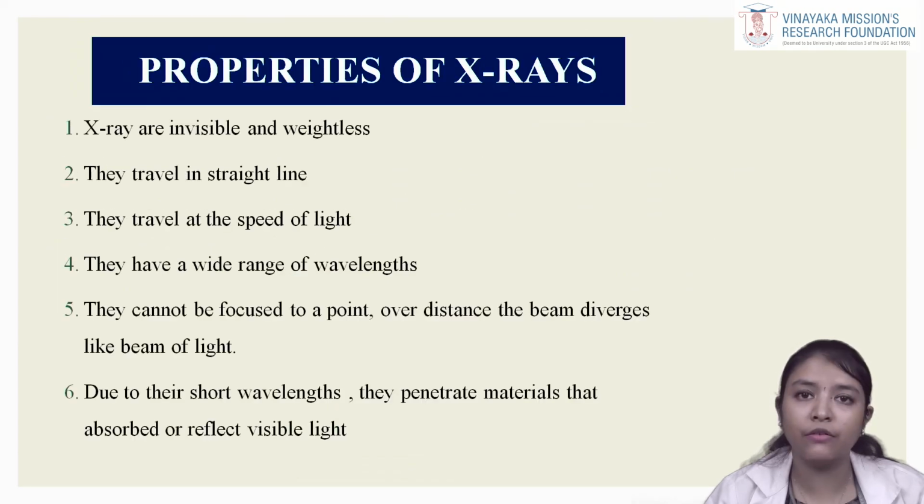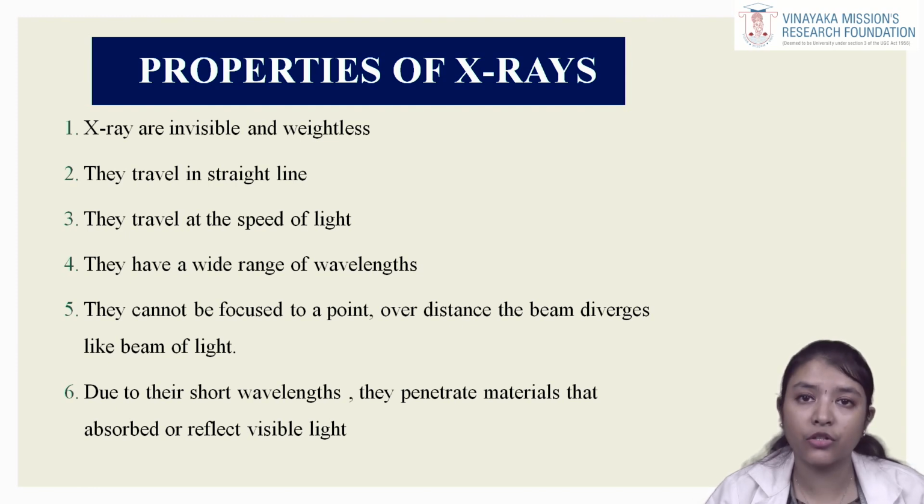The properties of X-rays. X-rays are invisible, weightless, and travel in a straight line at the speed of light. They have a wide range of wavelengths, cannot be focused at a point over a distance, and the beam diverges like the beam of a light.